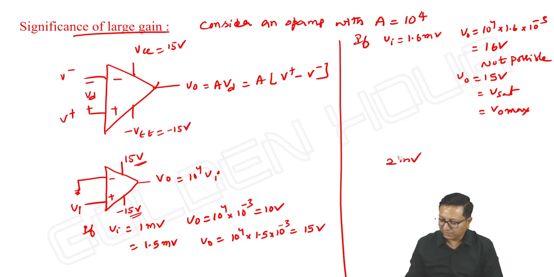Next, similarly, if I give some negative input, suppose my input is minus 1 millivolt, what is the corresponding output? 10 power 4 into 10 power minus 3, minus 10 volts.